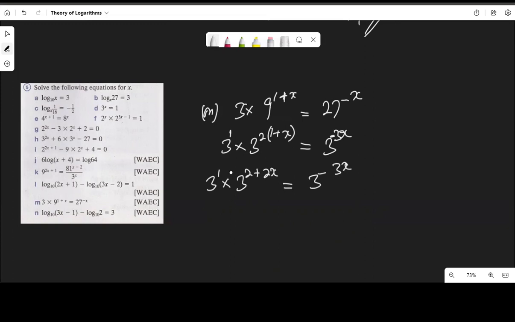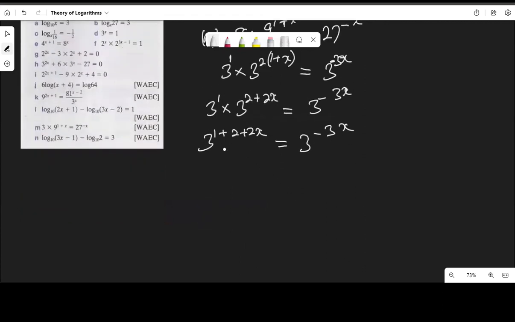So that when we apply the first law of indices here, we have 3 to the power of 1 plus 2 plus 2x equal to 3 to the power of negative 3x. Which gives us 1 plus 2 is 3, 3 to the power of 3 plus 2x equal to 3 to the power of negative 3x.